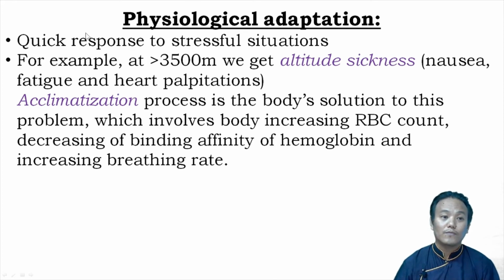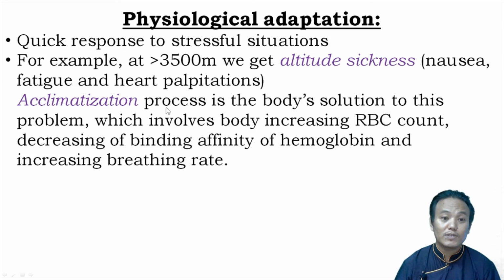So these physiological adaptations help in quick response to stressful situations. For example, we can take the example of ourselves. If we move from plains to 3,500 meters altitude, right, we get something called altitude sickness, which is characterized by symptoms such as nausea, fatigue, and heart palpitations. And our body responds through the acclimatization process.